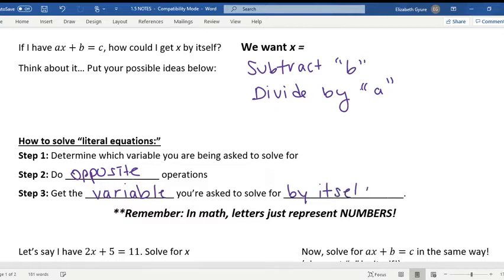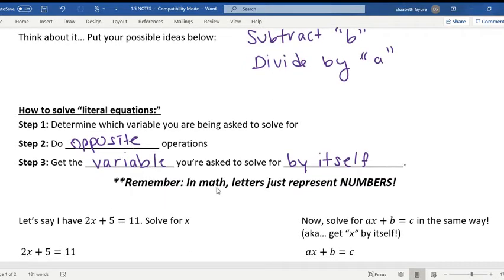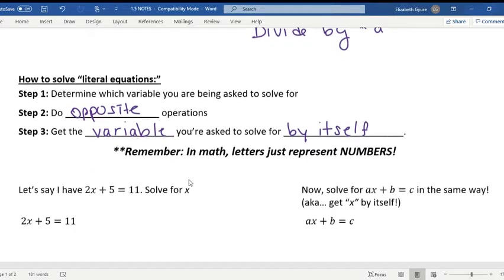And we're still going to use the 2-column method here, so it shouldn't look too foreign. Okay, so remember in math, letters just represent numbers. We can treat them the exact same.